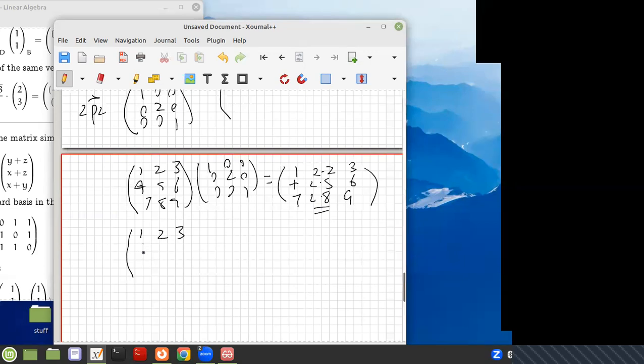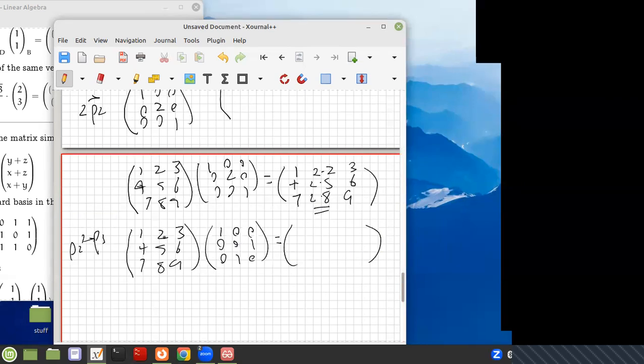Okay, well, I can go and look at the row swap operation and see how that works. And that also works in an easy way. Like if I swap rows 2 and 3, and I multiply it from the right, it's going to swap columns 2 and 3, right?